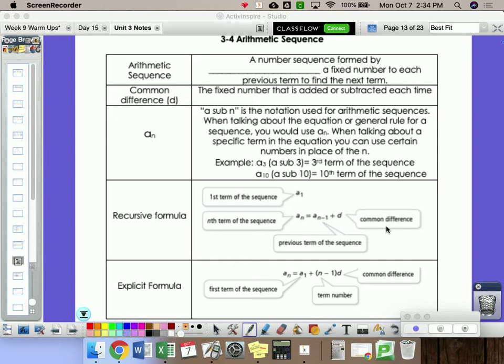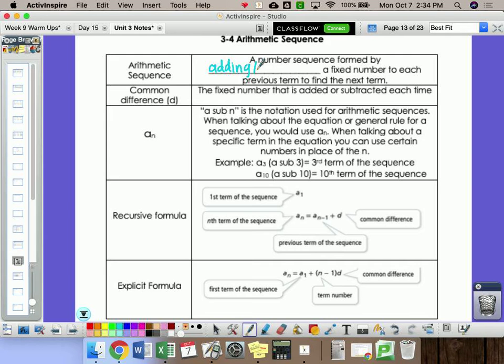Arithmetic sequences. So first off, to start with some definitions, an arithmetic sequence is a number sequence formed by adding or subtracting a fixed number, so the same number each time, to a previous term to find the next term.